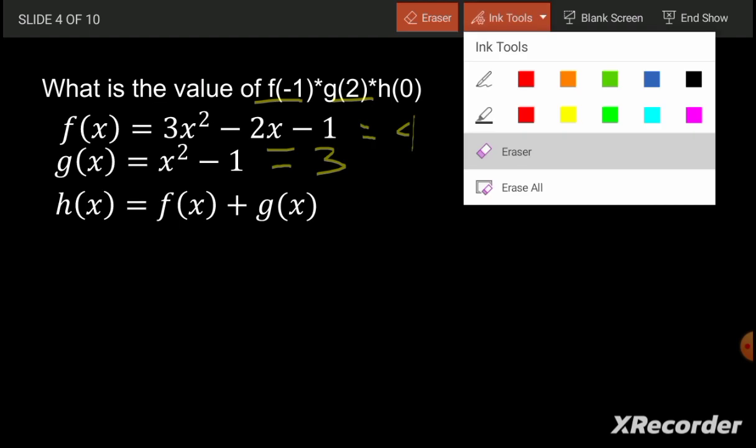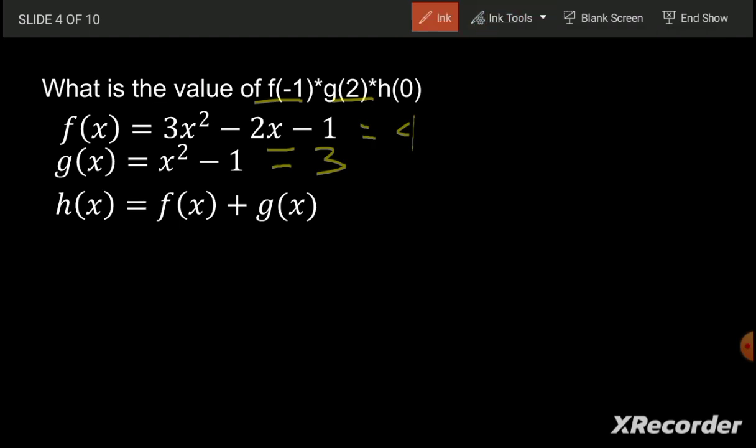And for h of x, we have to simplify first the h of x, which is the sum of the two first functions, f of x and g of x.